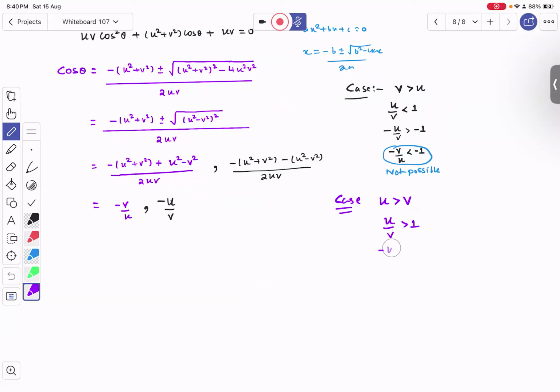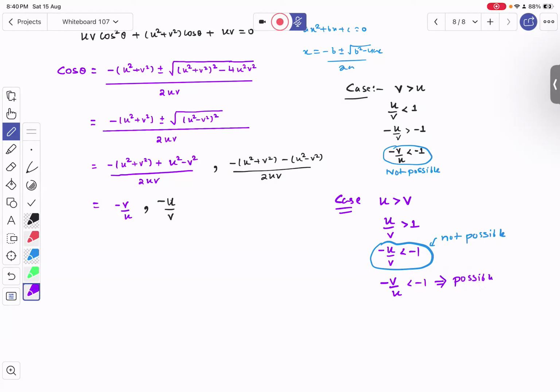So minus of U by V is going to be less than minus 1, so this is not possible. Minus V by U is going to be more than minus 1, so this is possible, correct?